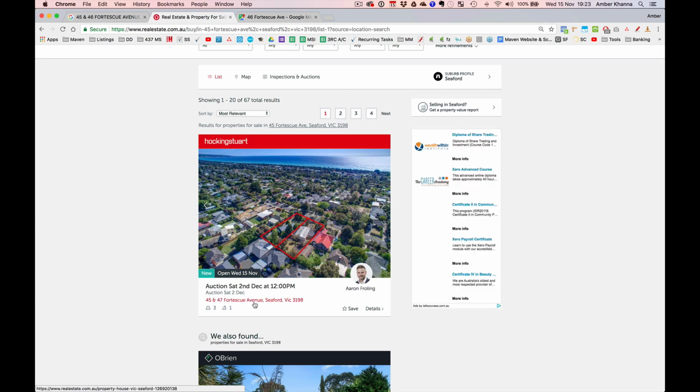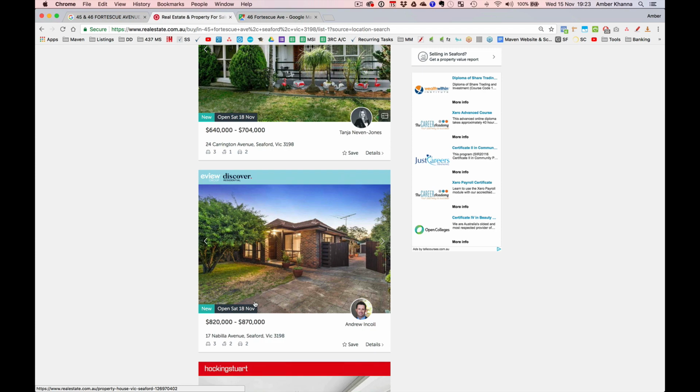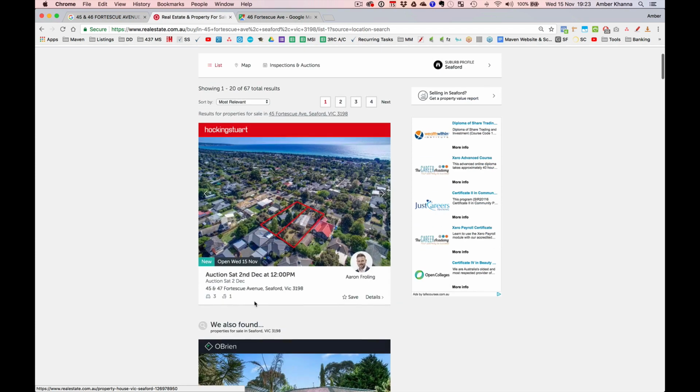It's going into an auction. Yeah, it is going to auction, but it's got the possibility of selling beforehand. If the agent receives a good offer, he will take it out of the auction. Yeah, that's always the case.